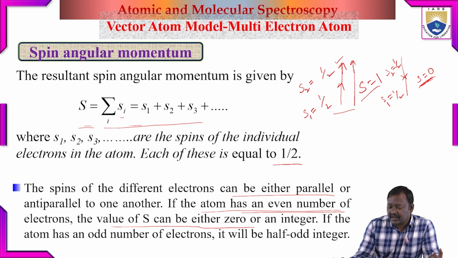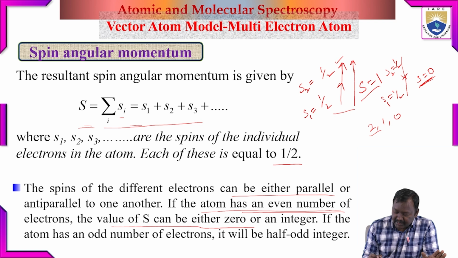In the same way, if there are 4 electrons, an even number of electrons, the total spin quantum number could have values 2, 1, 0.